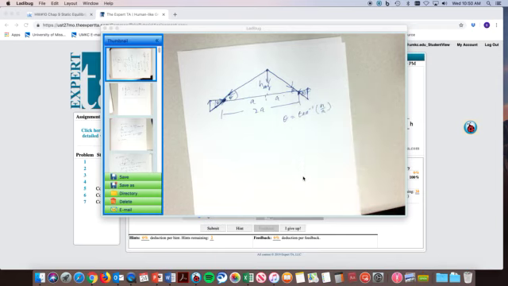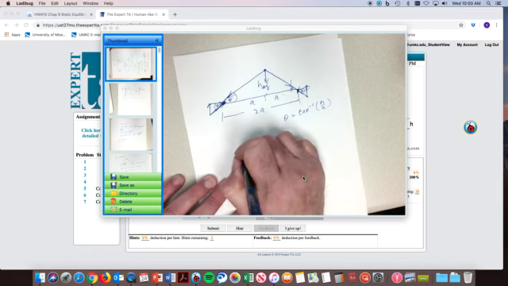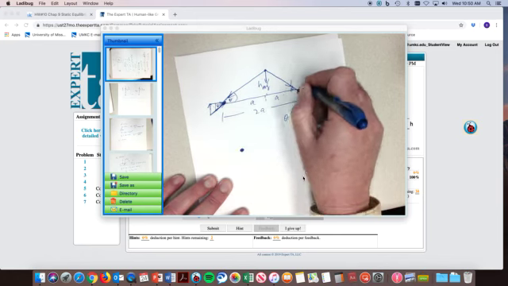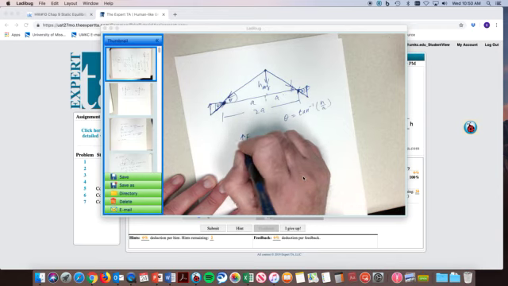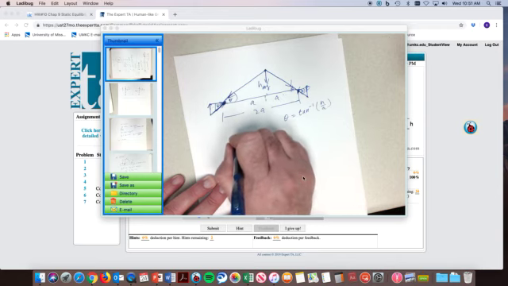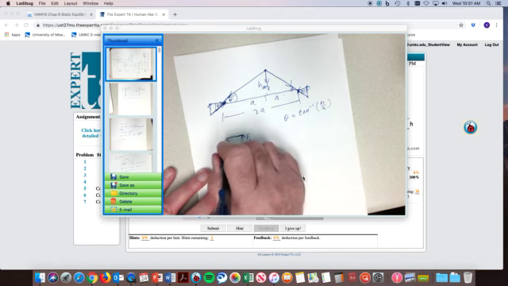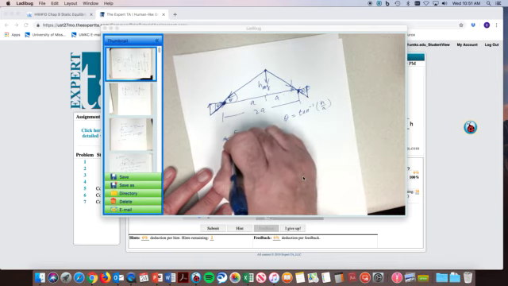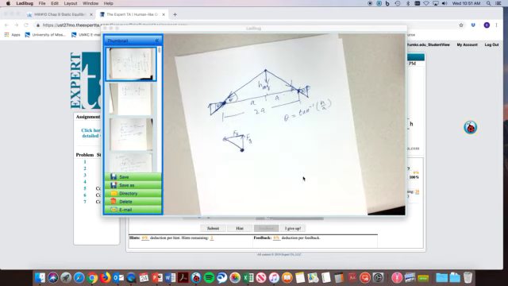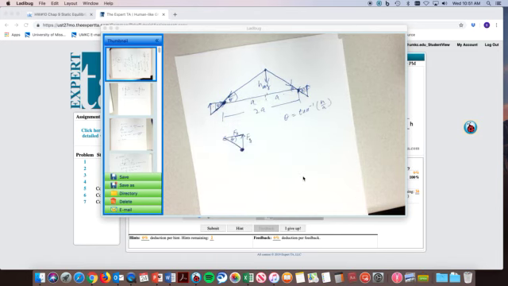Now, let's take a quick look at this point right here, where I have a force in the y direction going like this, and a force in the x direction going like this, which is probably much more. And so here's my force, and we've already established that this is theta.